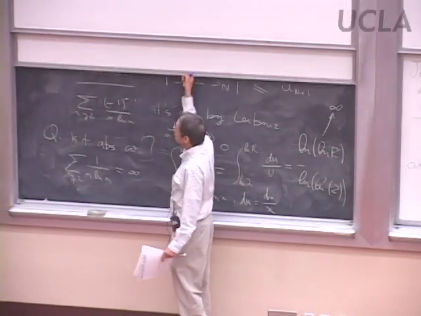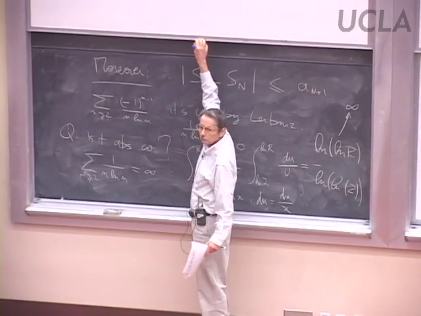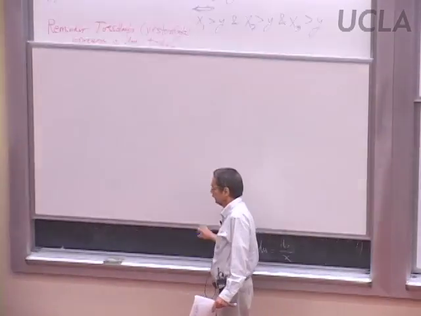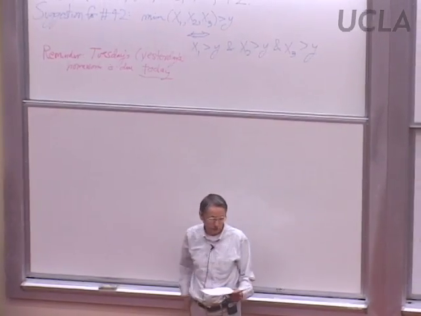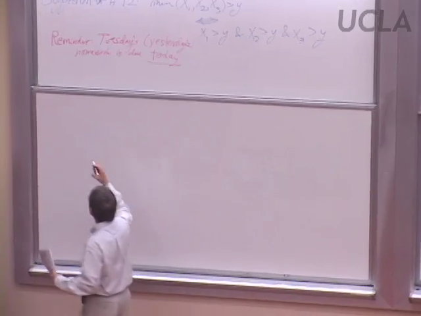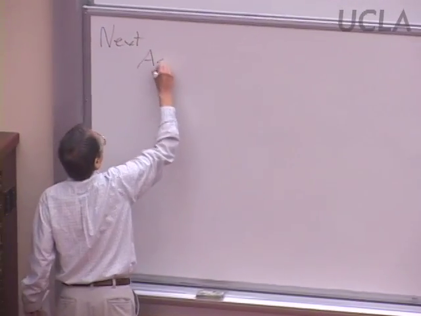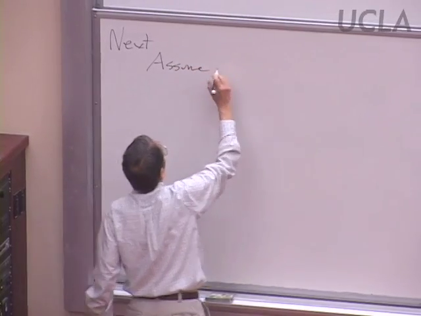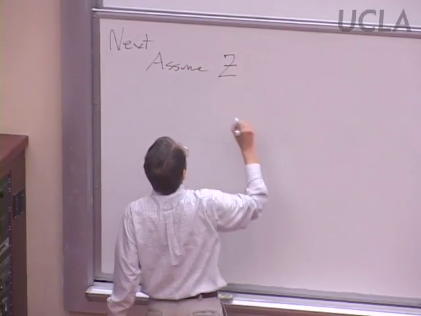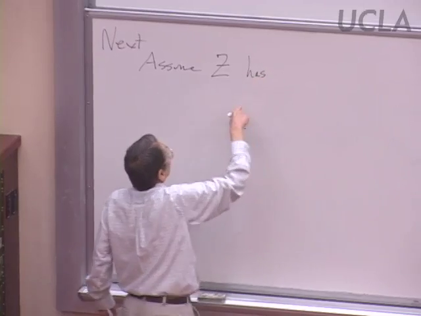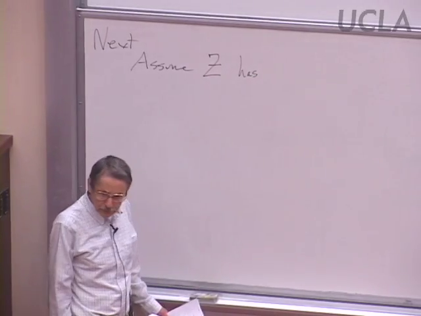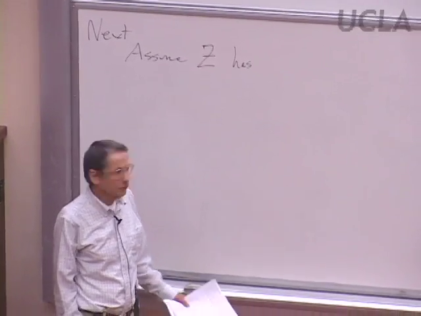We want to look at normal distributions where maybe the mean is not 0. Maybe it's something else, or the standard deviation perhaps is not 1. So we'll start off from the standard normal distribution.